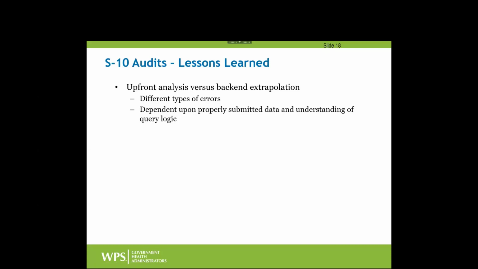So we may come back with further questions about that piece. So again, the query logic is supposed to benefit both sides. Providers will know exactly what they're supposed to be grabbing, and auditors will know how they're supposed to be reviewing that particular provider's data.